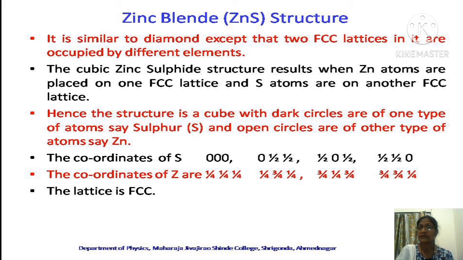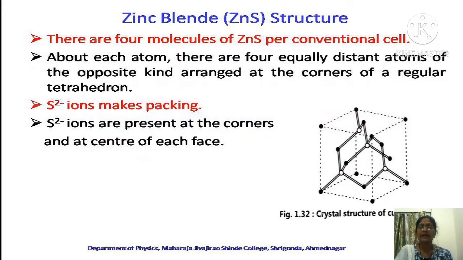The cubic zinc sulfide structure results when zinc atoms are placed on one FCC lattice and sulfur ions are present on another FCC lattice. So in this diagram, the sulfur ions are shown by the dark circles, and the hollow circles represent the zinc ions.